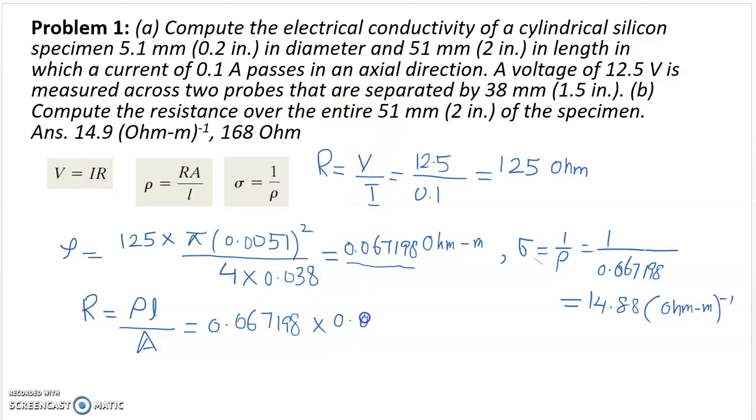So it is 0.051 meter divided by the area. The area is the same, pi divided by 4 into 0.0051 squared.